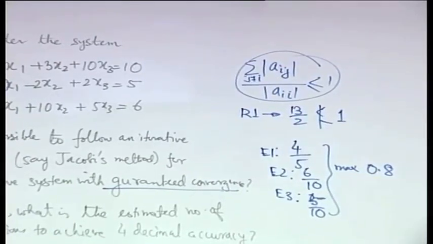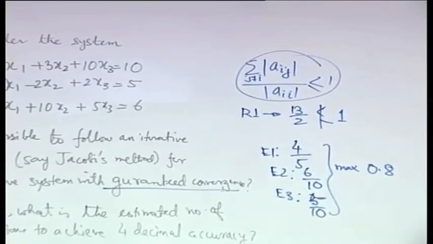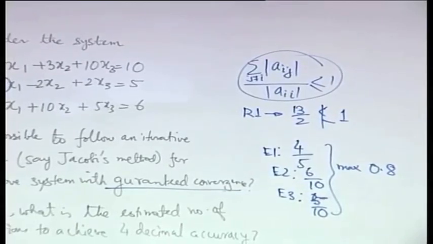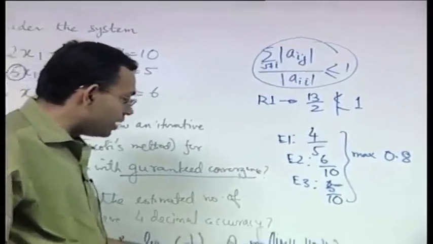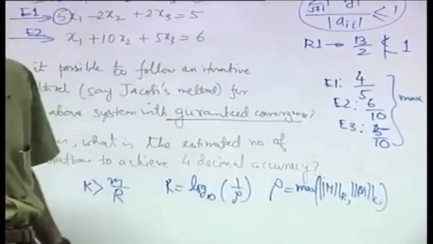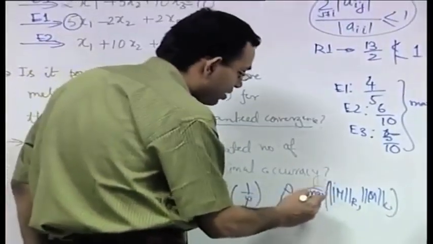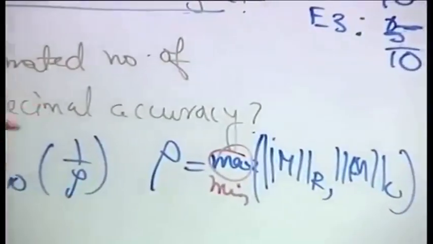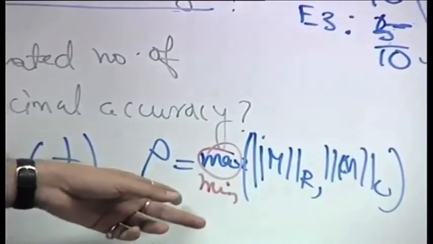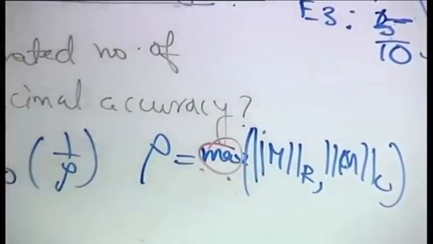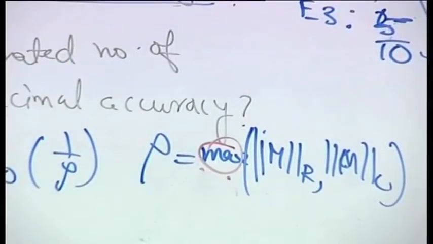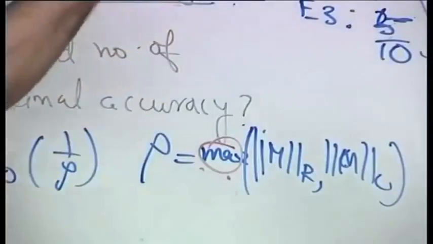Similarly, you can calculate the column sum norm also, and if you want to make a conservative estimate of the number of iterations, instead of using the max here you can use the minimum here if you want to be very conservative, because, no sorry, if you want to be conservative you want to make rho as large as possible, not the small one, because small rho is better anyway.